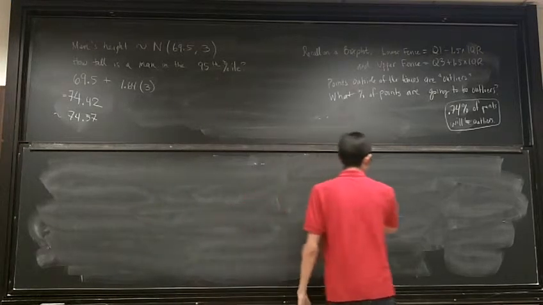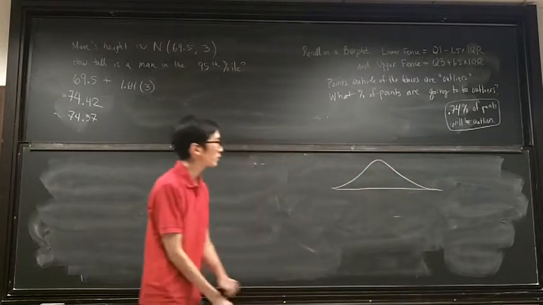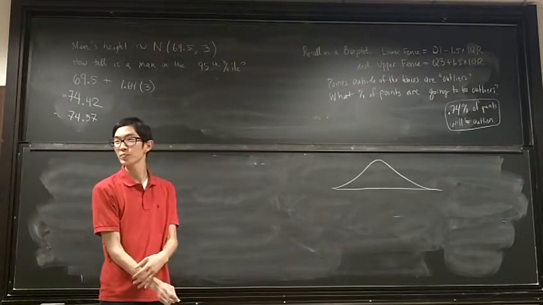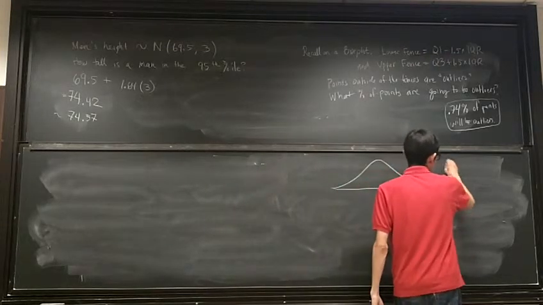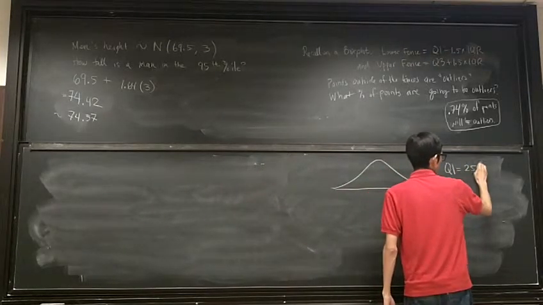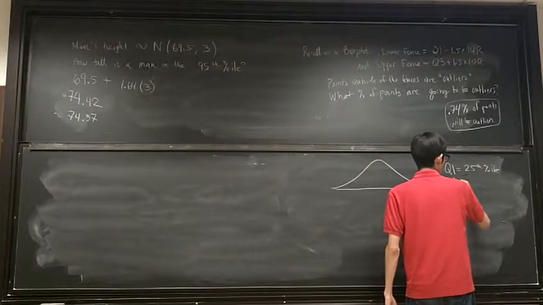Alright. Okay, where's Q1 and where's Q3? Q1 is the 25th percentile, and Q3 is the 75th percentile.